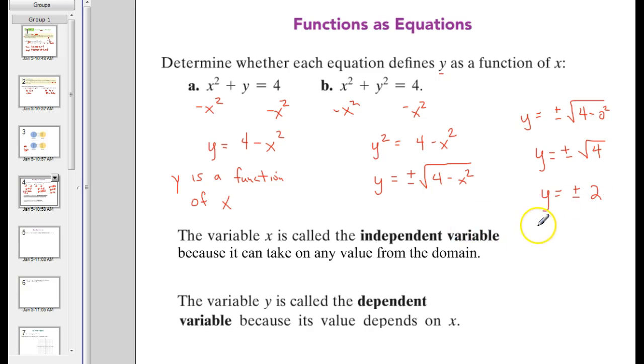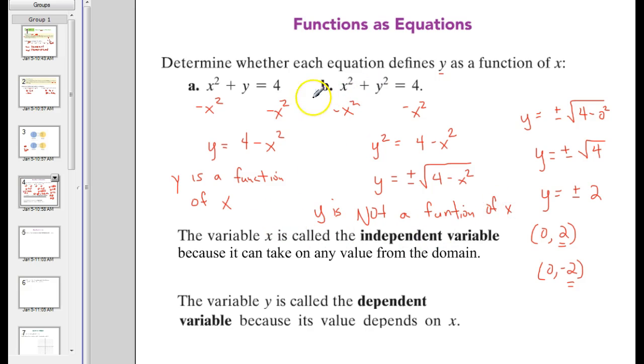So that means when x is 0, y could be 2, but y could also be negative 2. So I get 2 different y values for a given x value. That means that this is not a function. So y is not a function of x here.